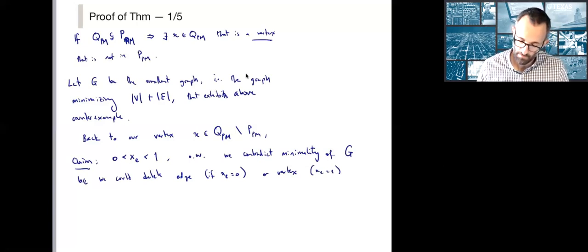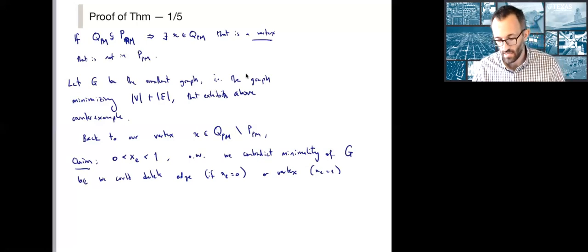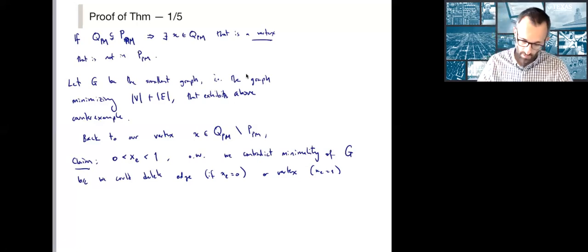So you see, if you have an x that assigns no weight on a particular edge, then if I again looked at the same graph, but except with one edge removed, then again I would have some x that satisfies all of the constraints in QPM, but by assumption is not in PPM. So what does that tell us?